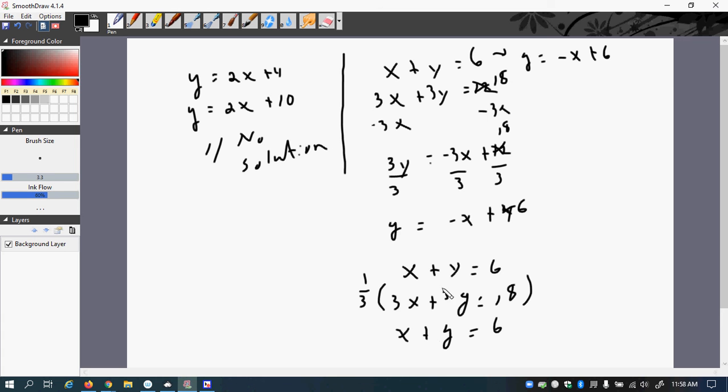That means these two lines are the same line, which means they have infinite solutions, and so they are consistent and dependent. These are the three examples that I wanted you to see and to make sure that you understood.